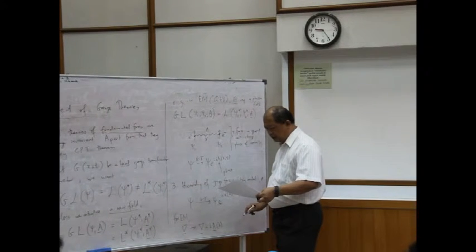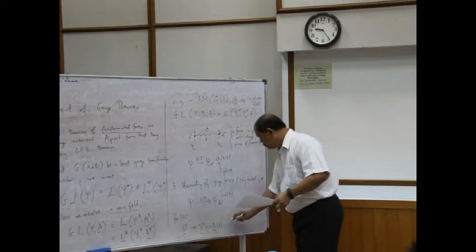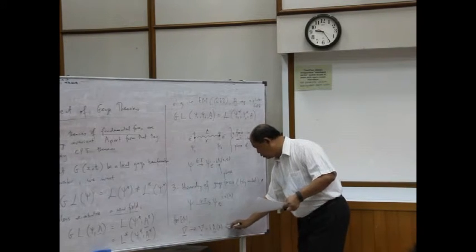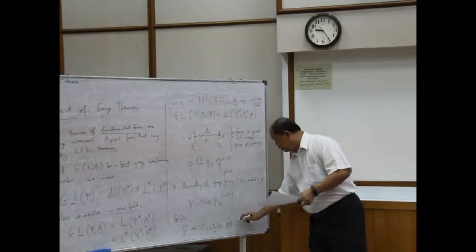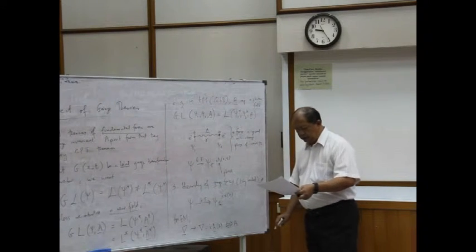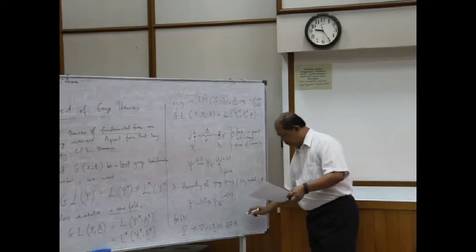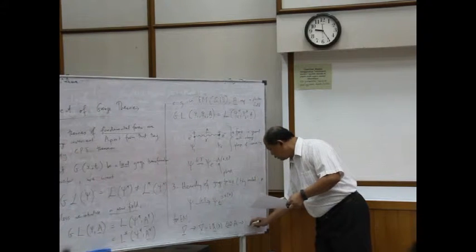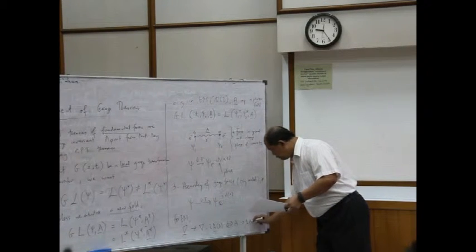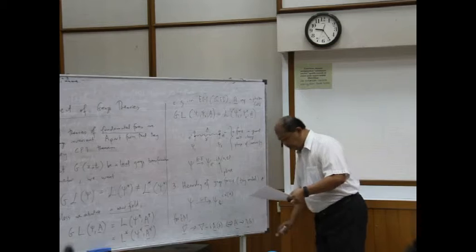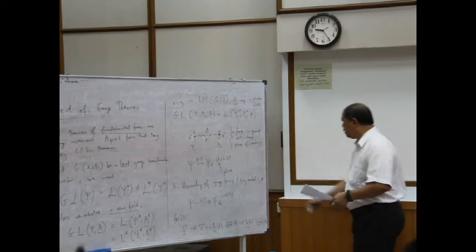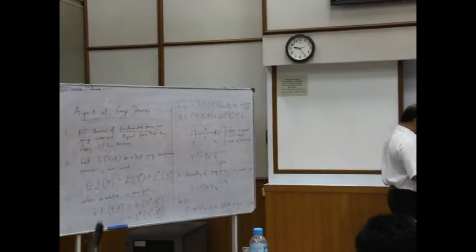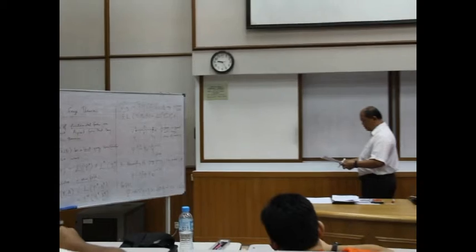And this means that you can also make an equal transformation, that A(x) transforms into A(x), these are all vectors, plus del of alpha(x). So we already said something about that in the last lecture.